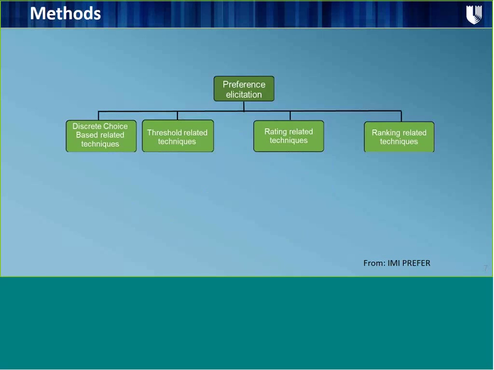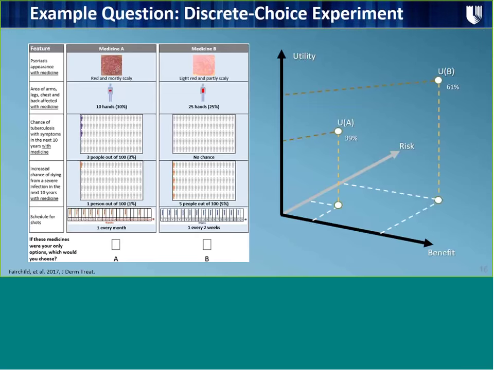In fact, there's a big effort right now and it's been for a while, to kind of build a taxonomy that helps us organize what each method is doing and the strengths and weaknesses of each method. This specific taxonomy that you see here is taken from the IMI Preferred Group. It's an EU-sponsored study looking at sort of cataloging the different methods available.